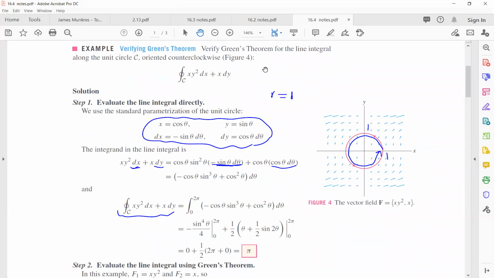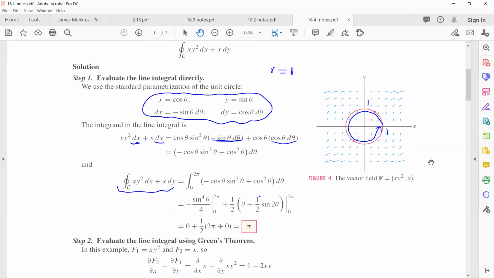which is easy to calculate using substitution. Suppose u is equal to sine theta, du is cosine theta d theta, so you get negative a fourth u to the fourth, which is sine to the fourth, where theta ranges between 0 to 2 pi, plus. Now for cosine squared, you have to convert it into a format that you can take the integral of.